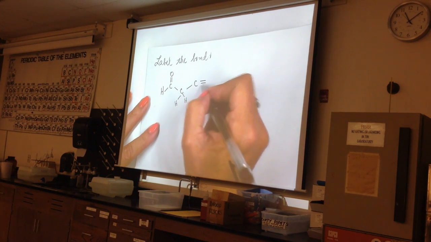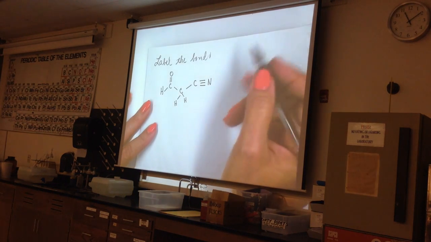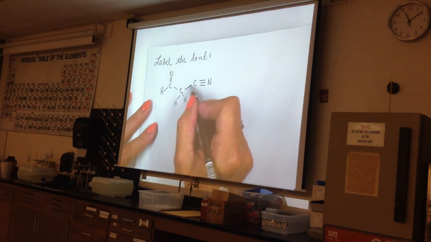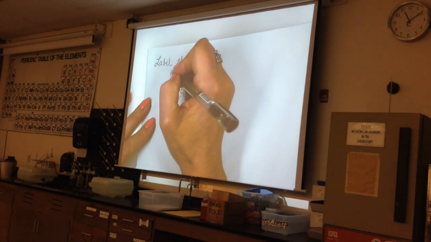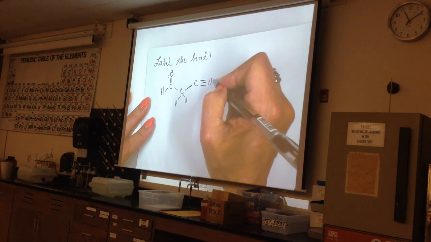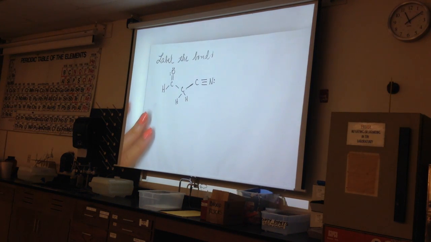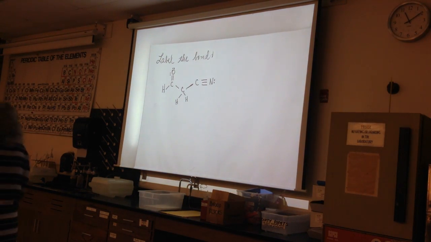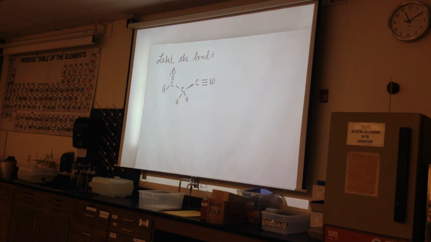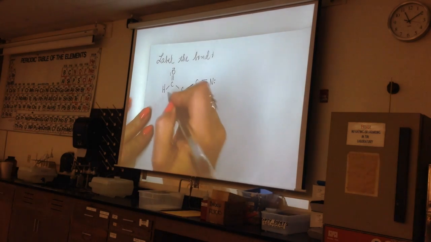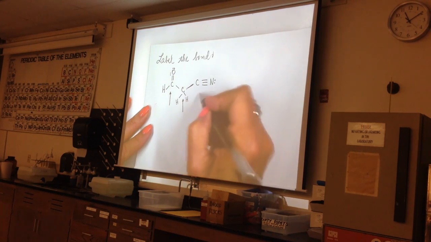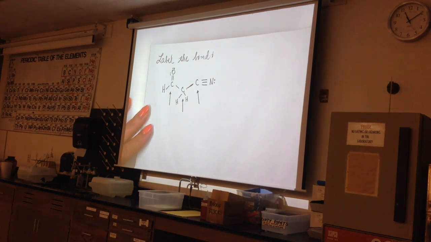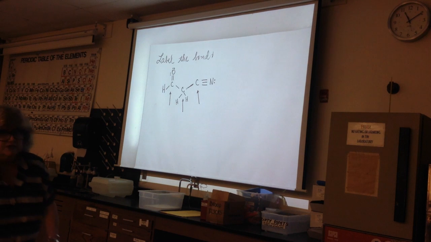I've destroyed the rules of molecular geometry. That should be linear, but I didn't fit it all in. I have lone pairs and lone pairs. Okay. So you're just going to be doing as I want. My first arrow is going to be like this, and all I want you to do is label the hybridization of the carbon atoms. So you're putting down on your paper the hybridization of the carbon atoms.